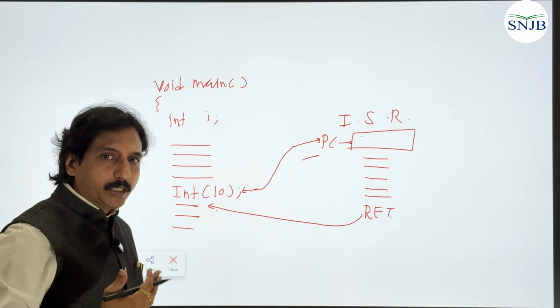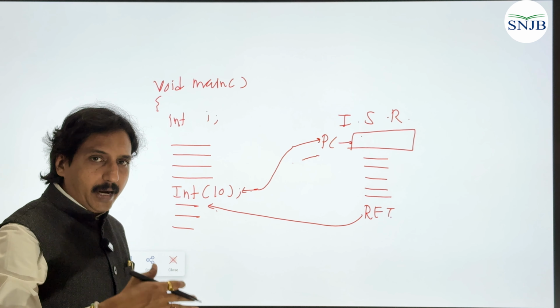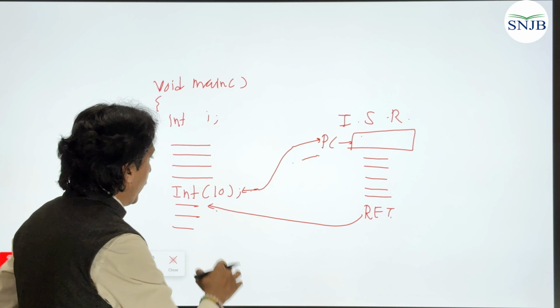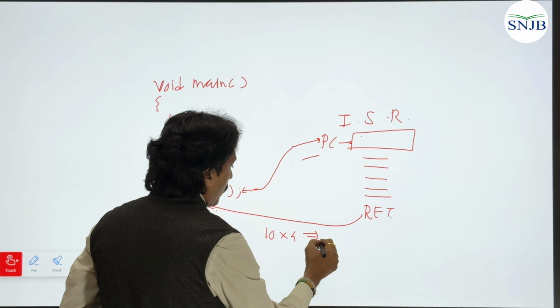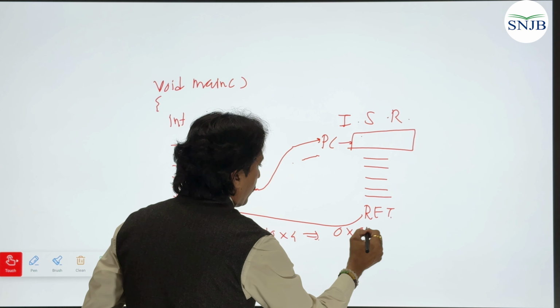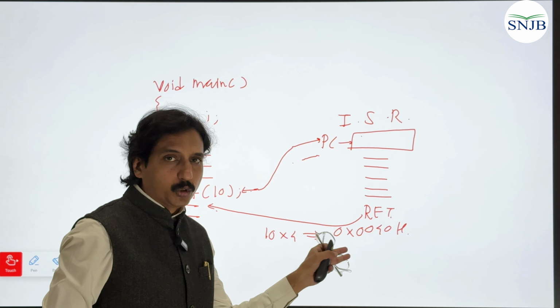In 8086 based microprocessors, or microprocessors like 8086, 80186, 80286, the interrupt number is multiplied by 4. So 40 is the hexadecimal address of the interrupt service routine.